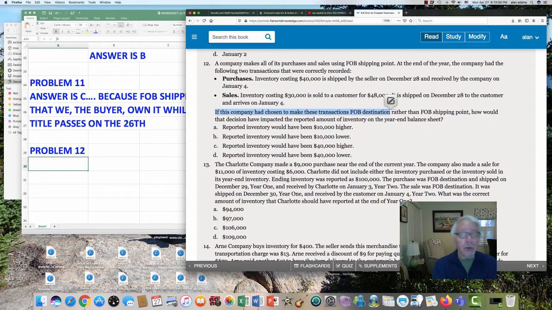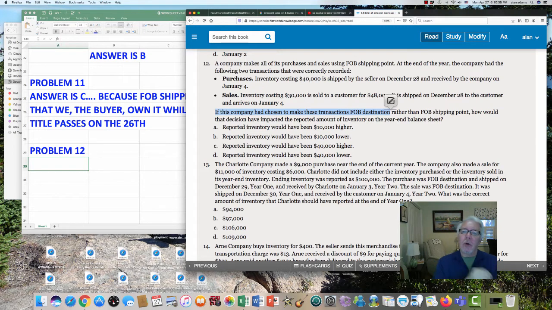Now, if we reverse the terms to FOB destination, that means the $40,000 shipped to us by the seller won't be on our books. That still belongs to them when it's on the truck if we make it FOB destination. For the sale, the inventory that cost us $30,000 is shipped on the 28th. If it's FOB destination, that means we still own it.